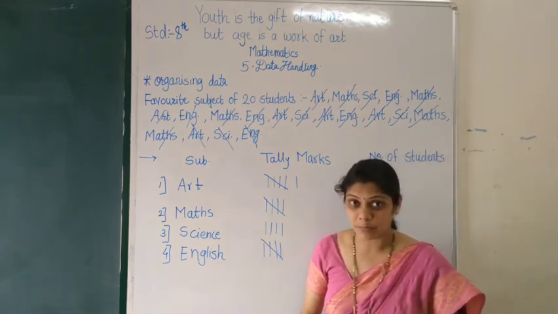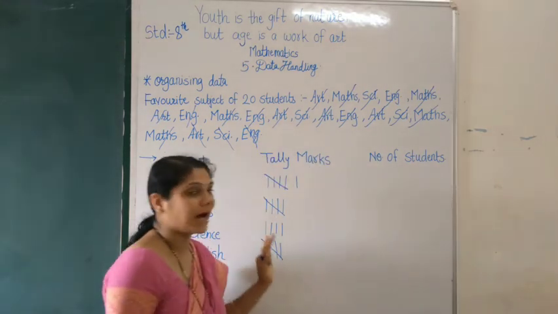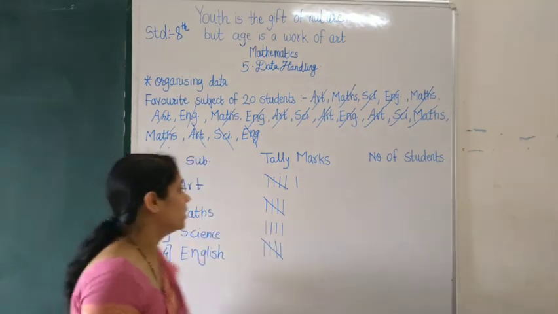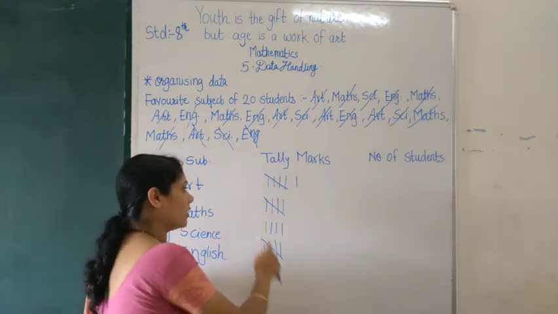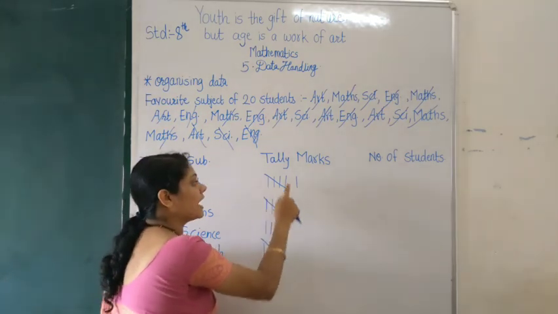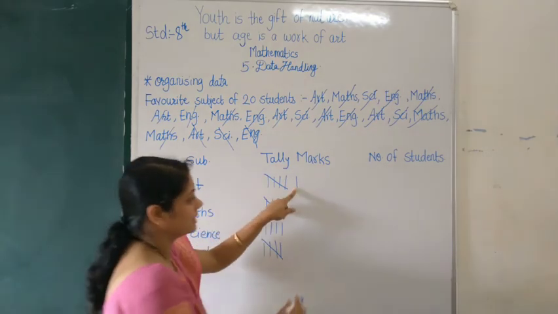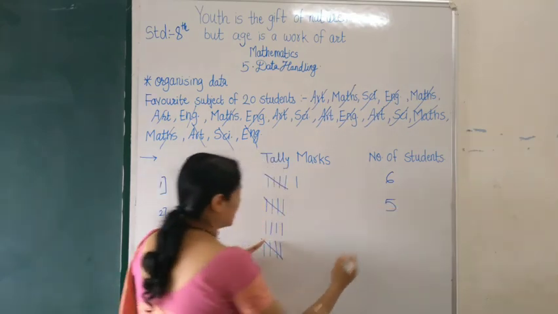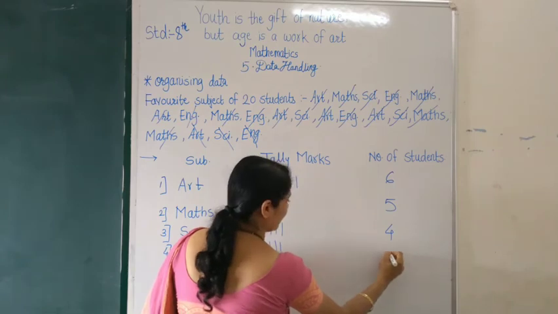Students, it is very important from the point of view of your exam. Now I will count these tally marks and put the value in this column. How many tally marks are there? It is very difficult to always count 1, 2, 3, 4, 5, 6, so we will take it as groups of 5. So 5 and 1, 6. This is 5, this is 4 and this is again 5.